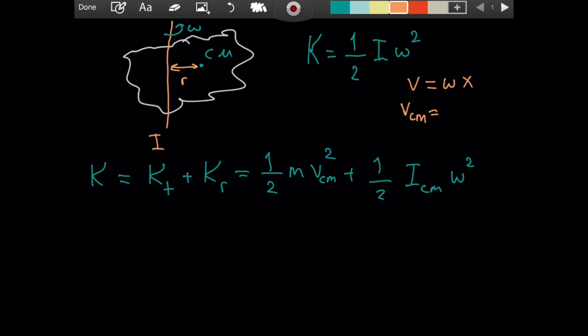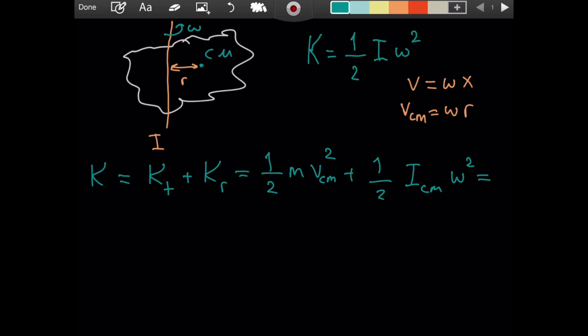What is ω for the center of mass? It is still ω because we are dealing with a rigid body. All points have the same ω. And the distance will be r because we defined it as the distance from the center of mass to the axis of rotation.